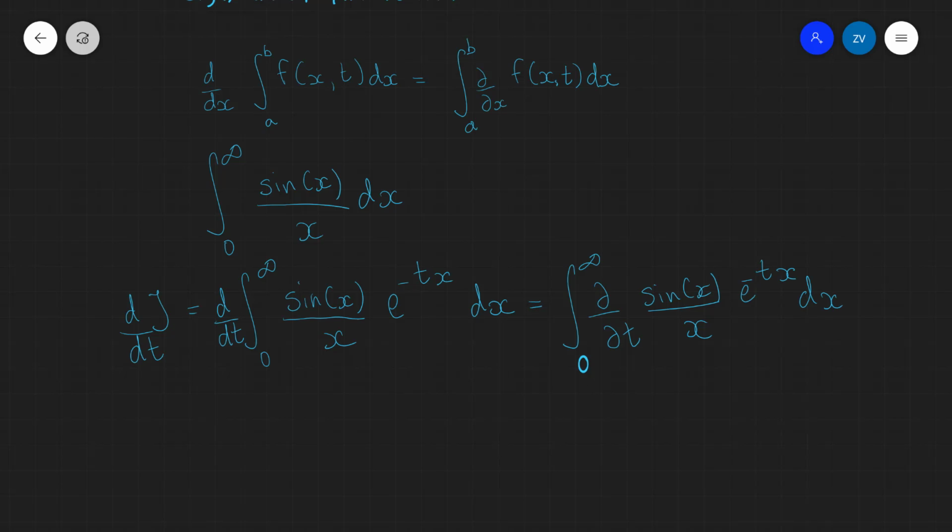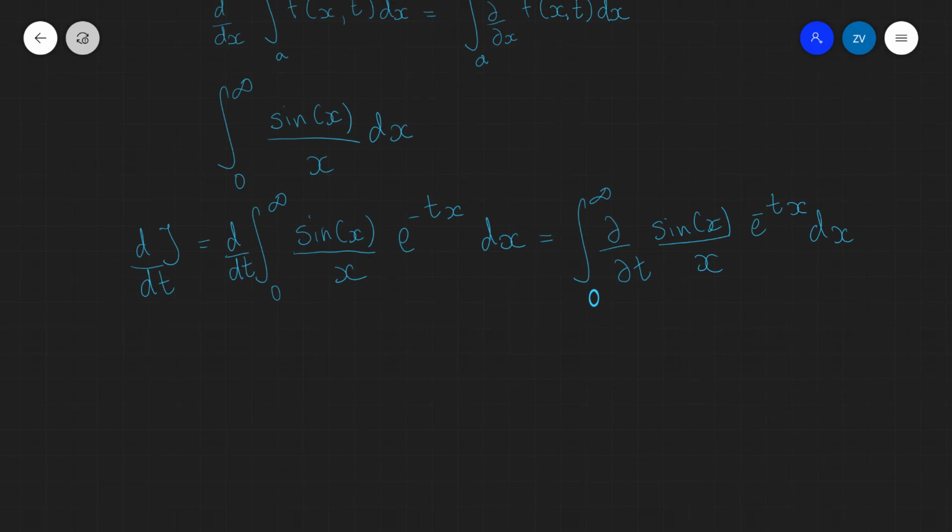Now the only thing which is of course a function of t within this function is actually e to the minus tx. So this integral over here will actually be equal to the integral from 0 to infinity, and we're going to have sine of x over x.